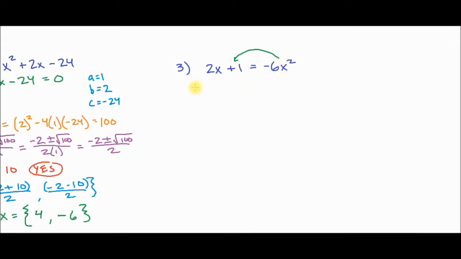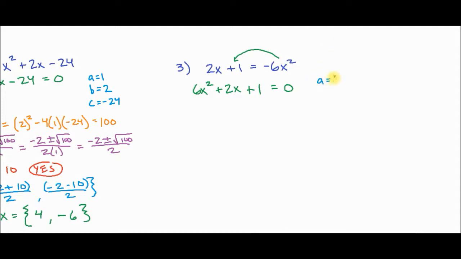So this side of the equation is going to become now 6x squared plus 2x plus 1. And now if we add 6x squared to the right side, it's going to end up canceling itself out, and we'll end up with 0. And now we've gotten to where we need to go. We can identify a, b, and c.